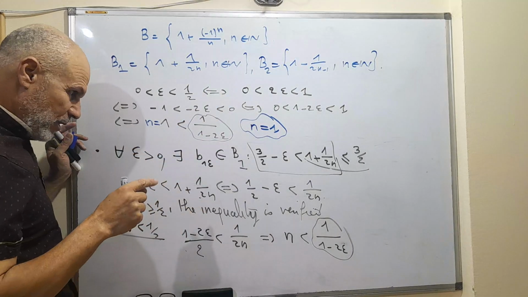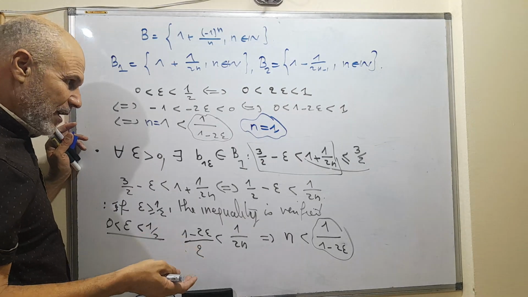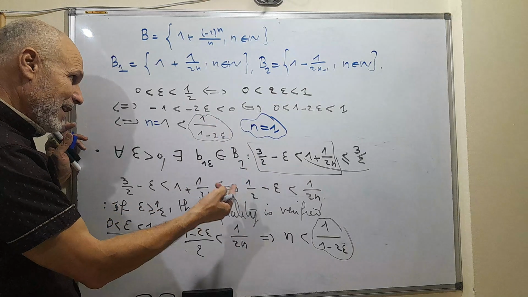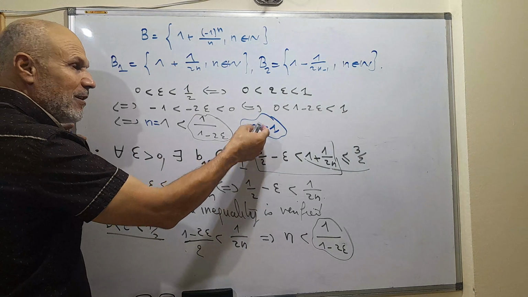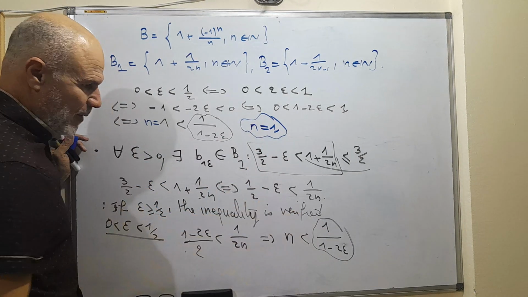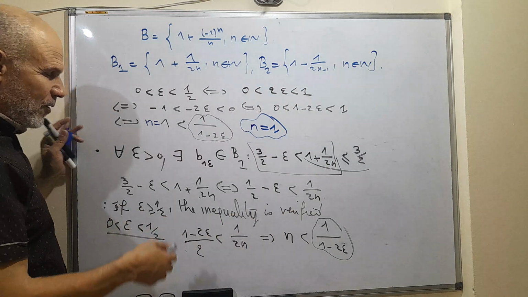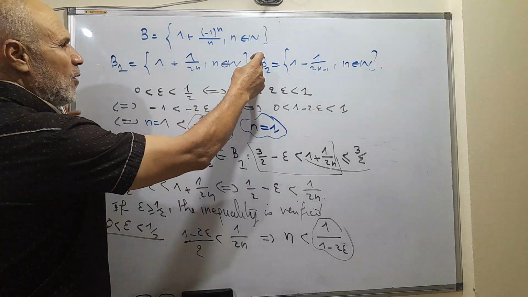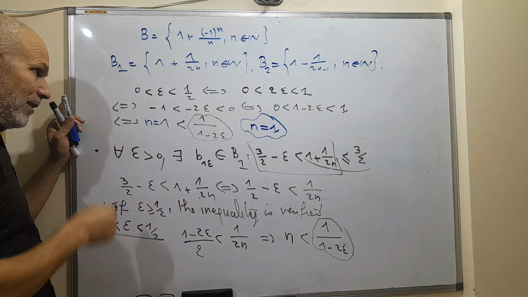And if you choose it in a bad way, so that the supremum, for example, is equal to 2, in this case you will not be able to find an adequate natural number such that your inequality holds. So this is about the supremum of B1.